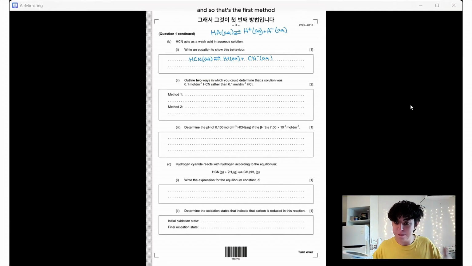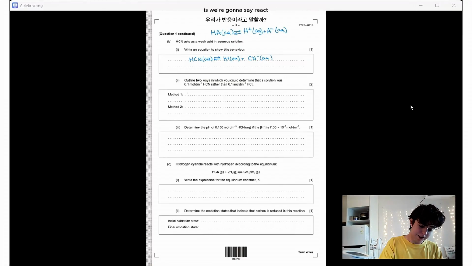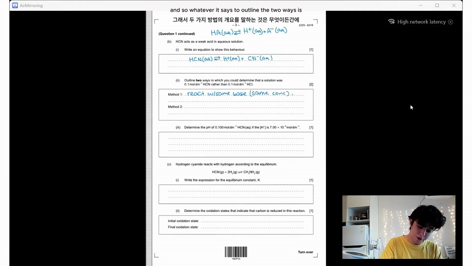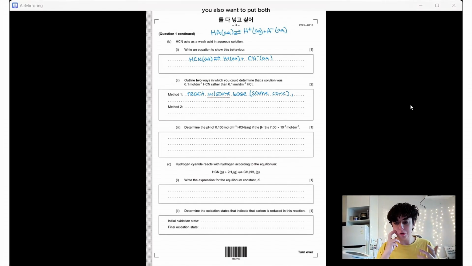So that's the first method that we're going to put, because that's the one I always think of. We're going to say react with same base, same concentration. Whenever it says to outline the two ways, you also want to put both the method as well as the expected result.